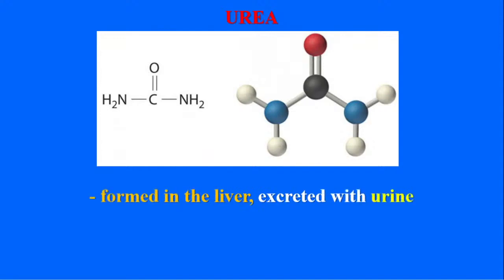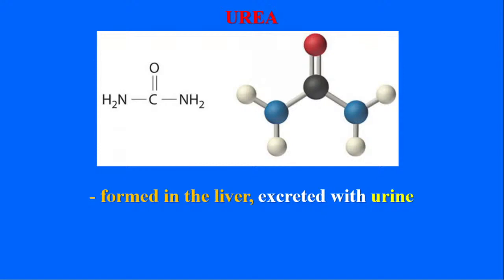At first, that it is formed in the liver but excreted from the organism together with urine. It is not formed in the kidney, and the liver doesn't produce urine. Urine is produced by the kidney, but synthesis of urea, formation of this molecule, is done in the liver and only in the liver in our body.